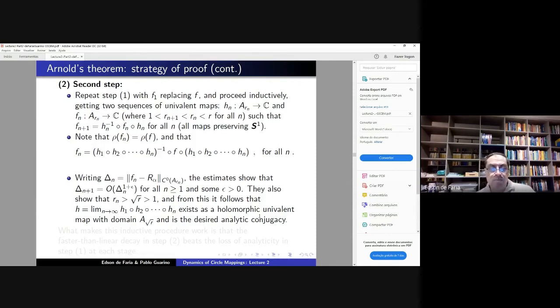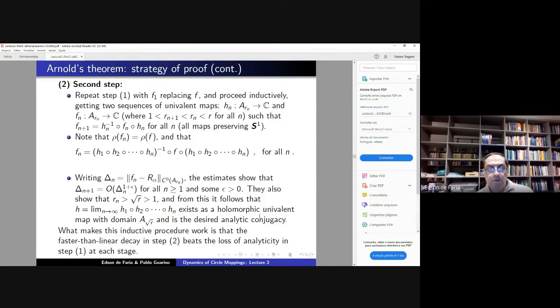Anyway, this is the hard part of the proof. There are a lot of estimates involved here, and there is, in some sense, a bootstrap. What makes the procedure work is the fact that this faster than linear decay in the second step beats the loss of analyticity in the first step at each stage of the induction.